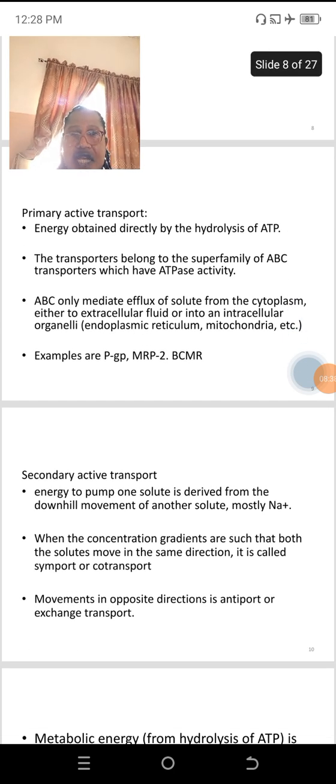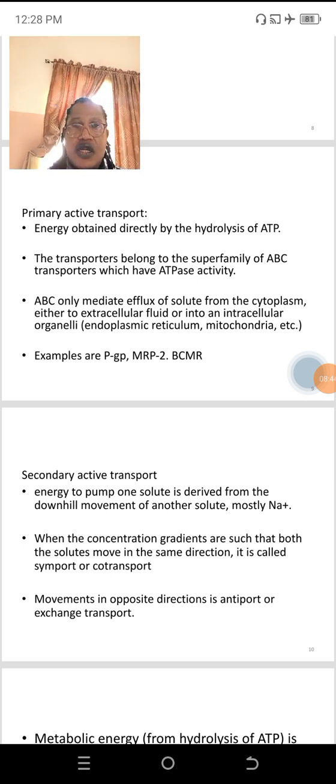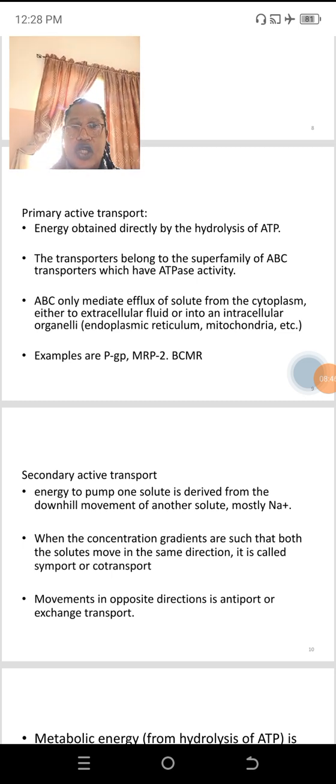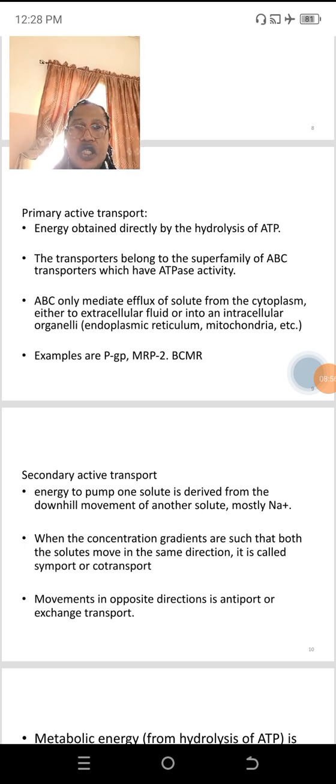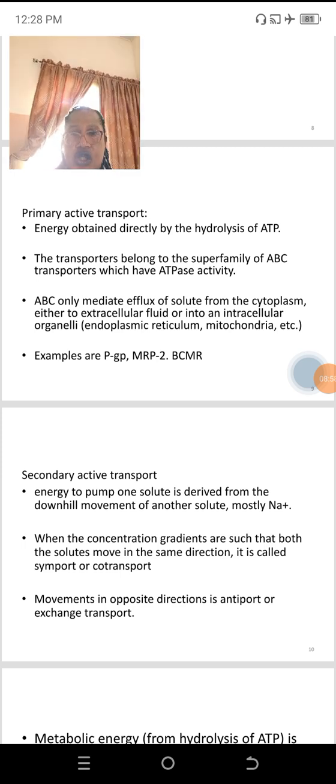In secondary active transport, the energy to pump one solute is derived from the downhill movement of another solute, mostly sodium ion. When the concentration gradients are such that both solutes move in the same direction, the transport is called symport or co-transport.